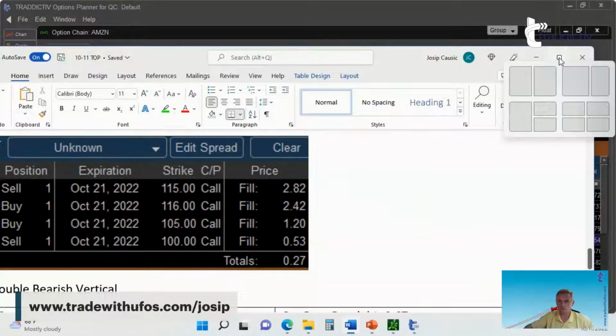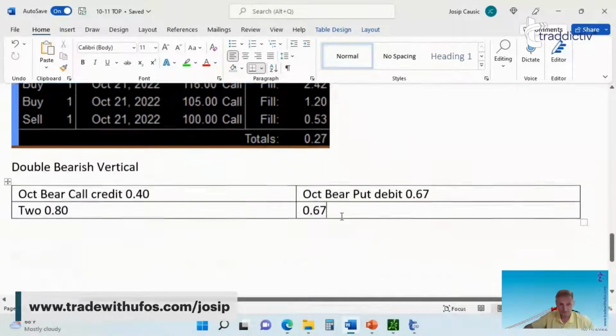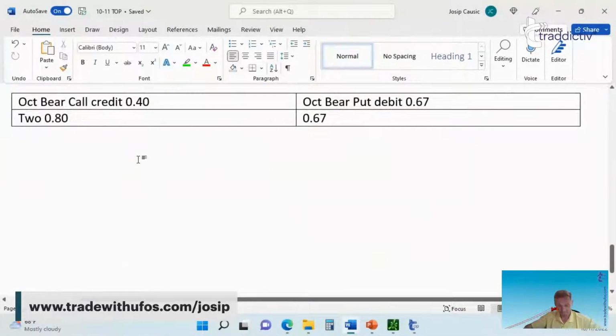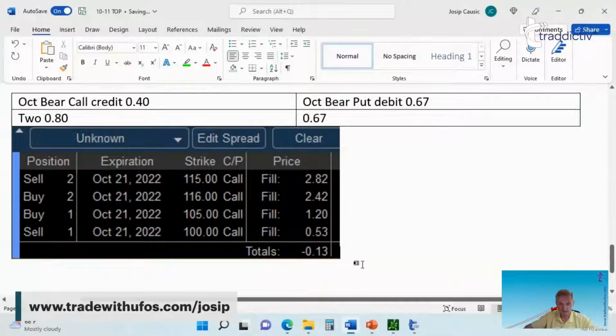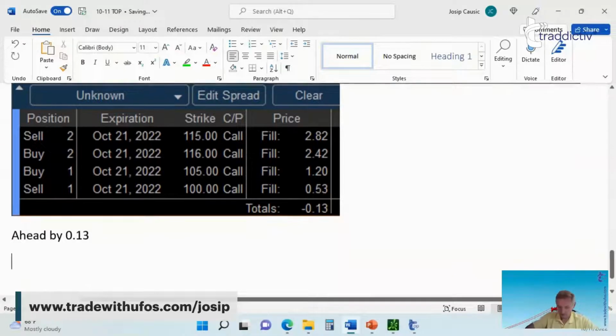So on the top, we're talking about me being in debt. On the bottom, me being ahead by 13 cents.